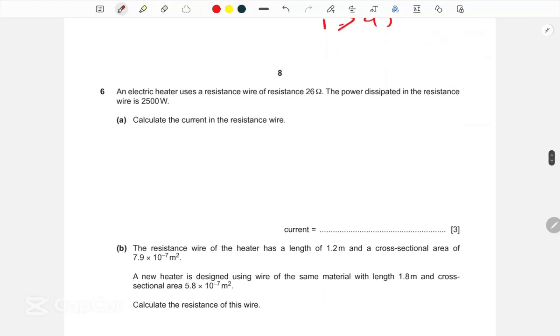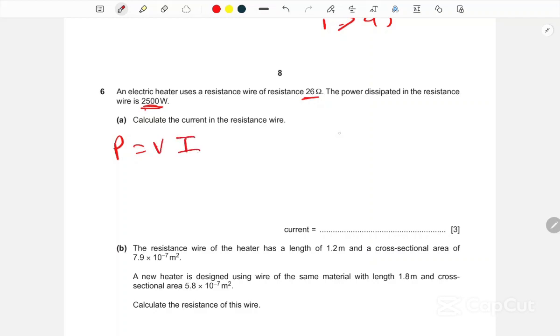Question 6. An electric heater uses a resistance wire of resistance 26 ohms. The power dissipated in the resistance is 2500 watts. Calculate the current in the resistance wire. So in this question, we're given the power, and the formula for power is VI.